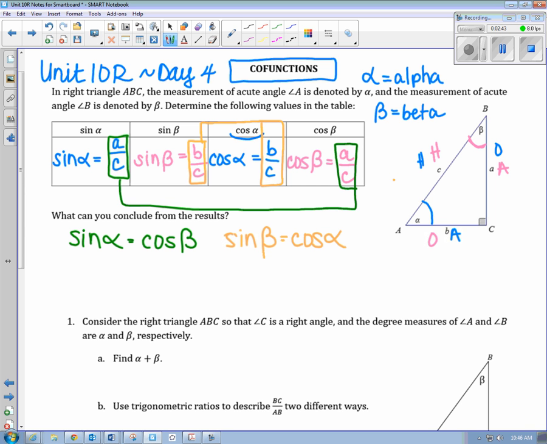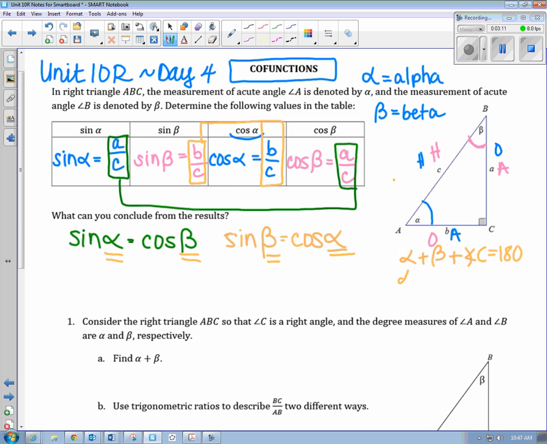Now, in this case, you can see that they both deal with sine and cosine, and then there's these two angle measures, alpha and beta, that occur in both of these. The alpha and the beta that occur in both of these, we do have a little bit of information about. We know that in our triangle, we have alpha plus beta plus angle C equals 180, because all of the angles add up to 180.